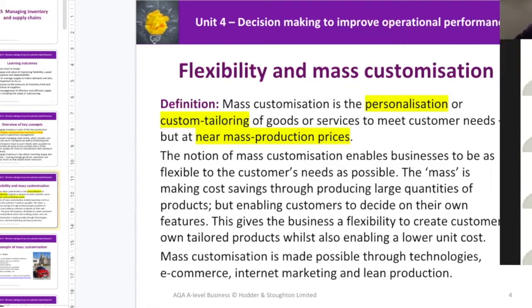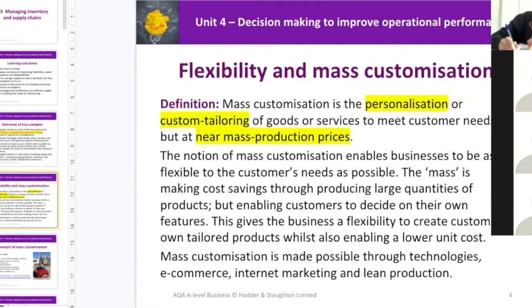Can you think of one example which is personalization? Think about all those clothing brands. What about writing initials? Yeah, that's part of personalization.